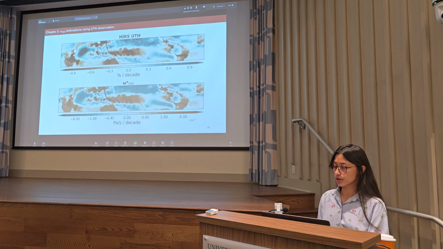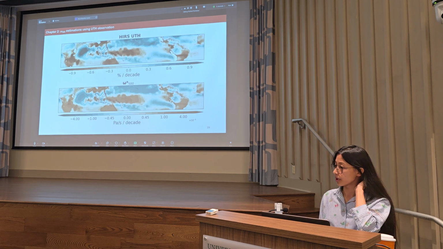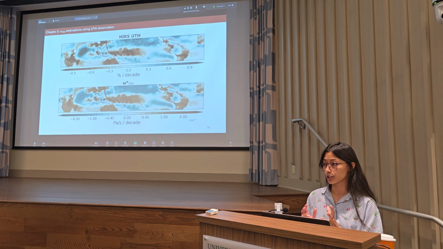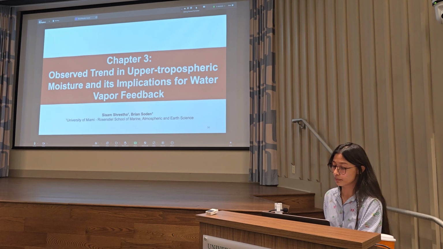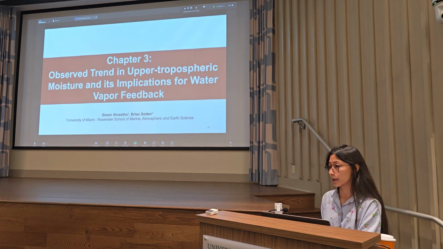This application of upper tropospheric relative humidity, or specifically the HIRS measurements, also inspired Chapter 3, which is titled The Observed Trend in Tropospheric Moisture and Its Implications for Water Vapor Feedback.